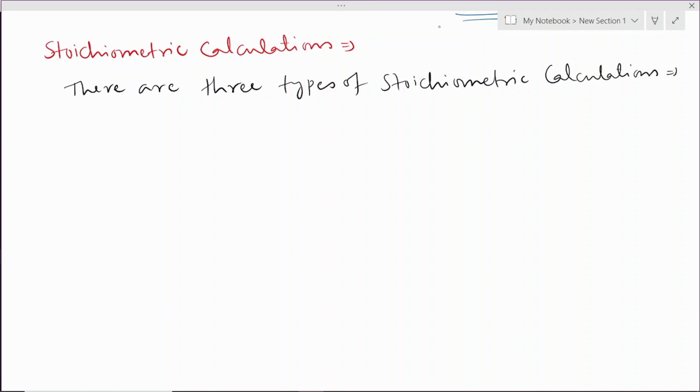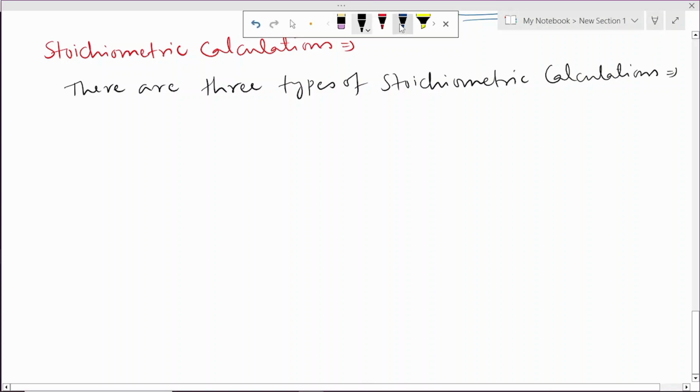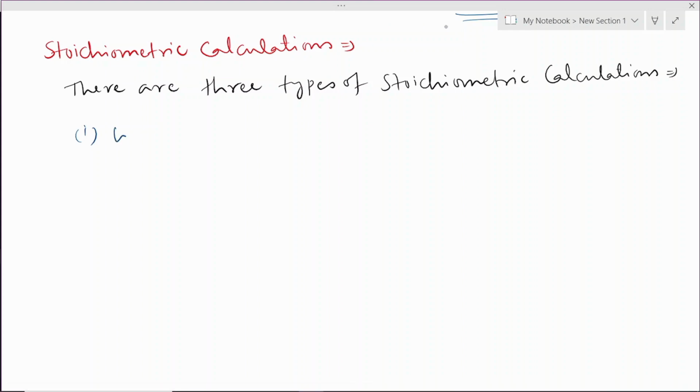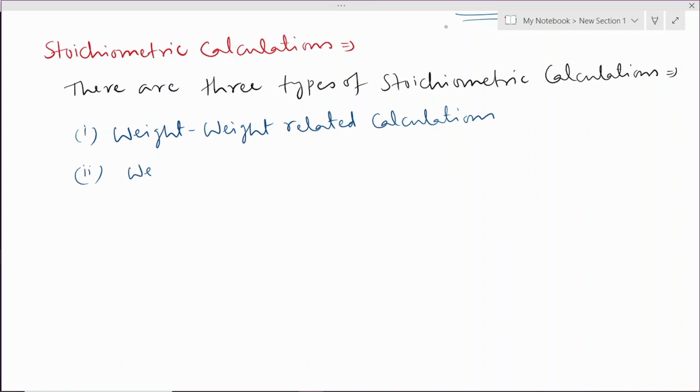These are weight related calculations, weight volume related calculations, and volume related calculations.